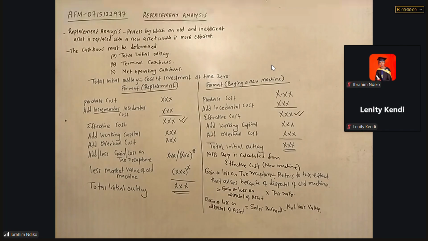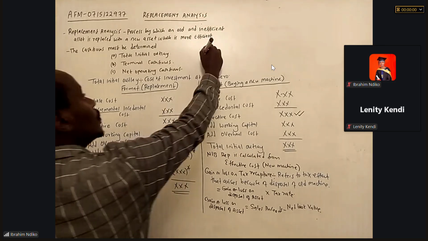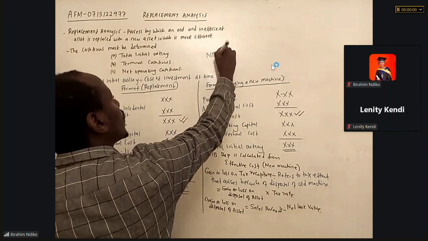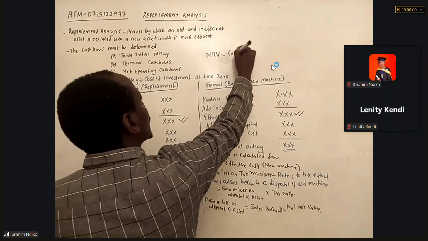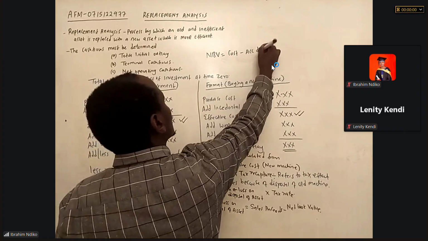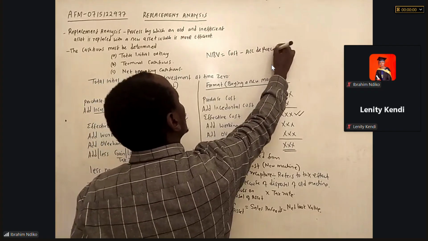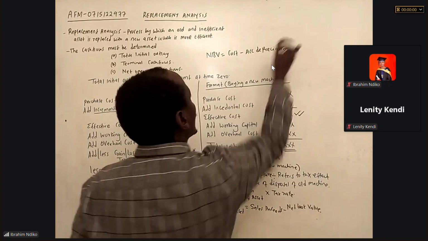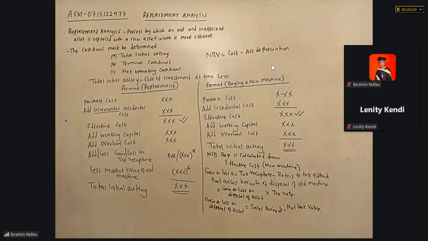And remember the formula for net book value? Net book value is equal to cost minus accumulated depreciation. With that, I think we are done with that.